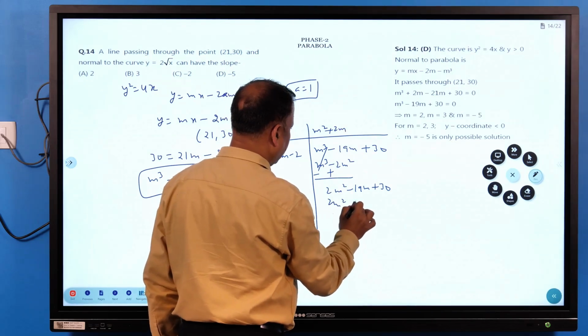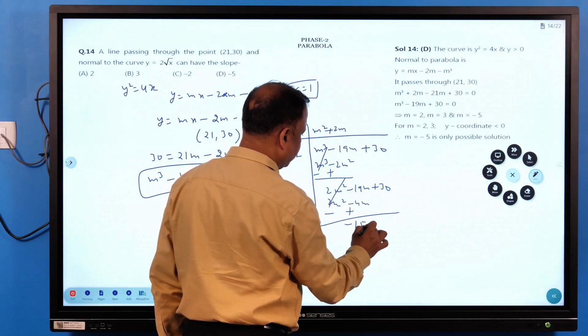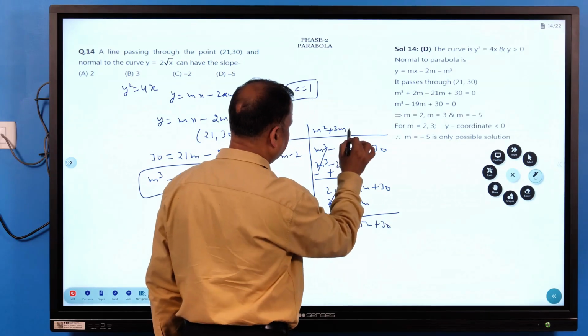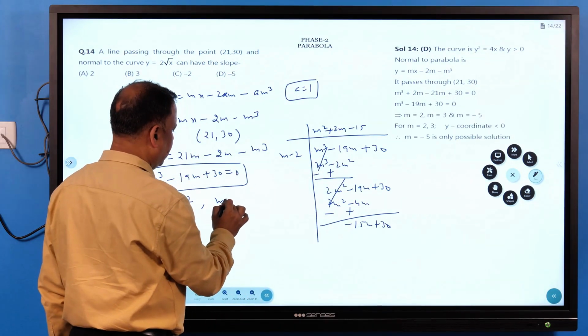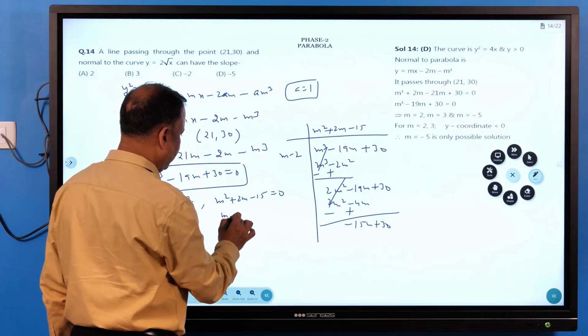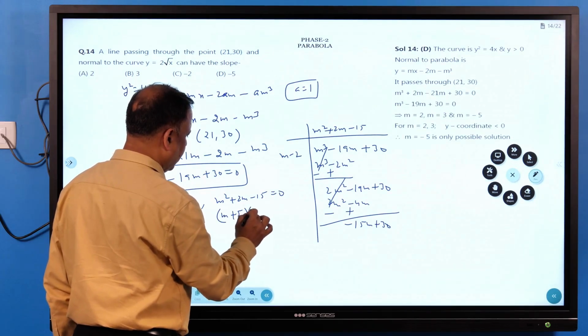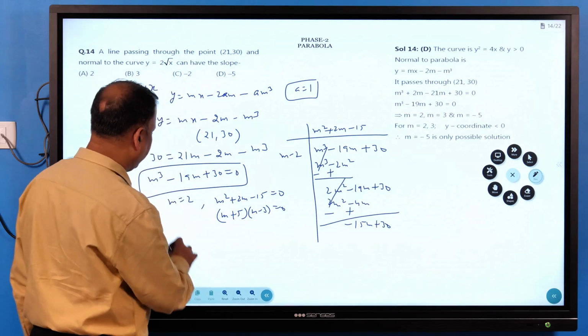So 2m square minus 4m, minus plus, this will cancel, minus 15m plus 30, so minus 15. So this equation will have m square plus 2m minus 15 is equal to 0, or m plus 5 into m minus 3 is equal to 0. So m is equal to 3 and minus 5.